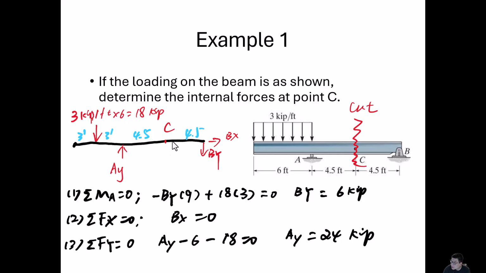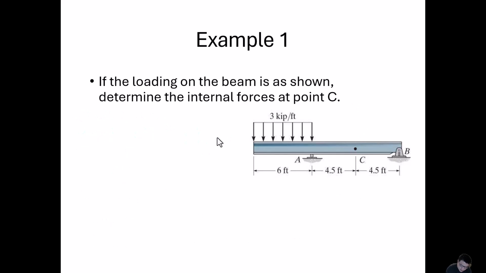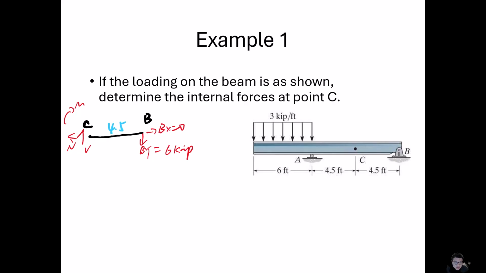After the cut, let's analyze the red section, C, B. We have By, and Bx equals 0, By equals 6. At point C, we have 3 unknowns, N, V and M. So what should we do?